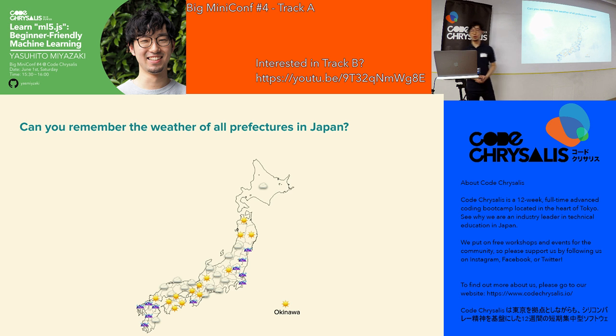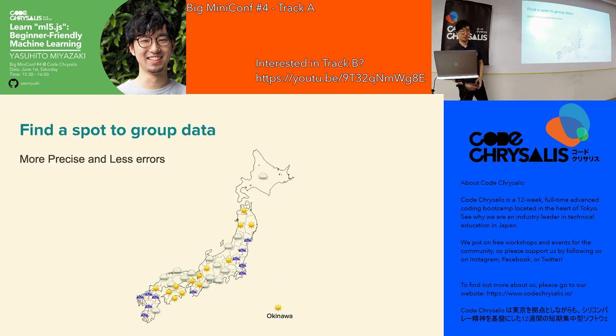Can you remember the weather of all prefectures in Japan by just looking at this? No, it's difficult. So what's happening in our brain? We try to find a way to group data so that we can easily remember things. To find a group with more precision and fewer errors, it might be like this.